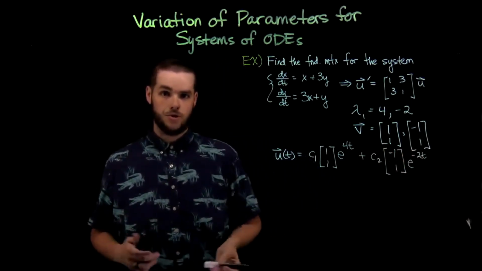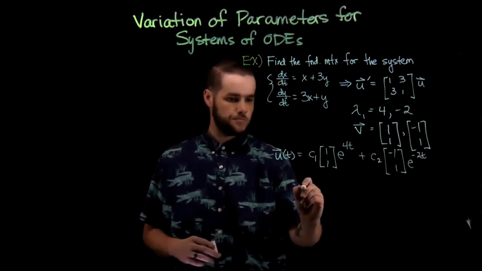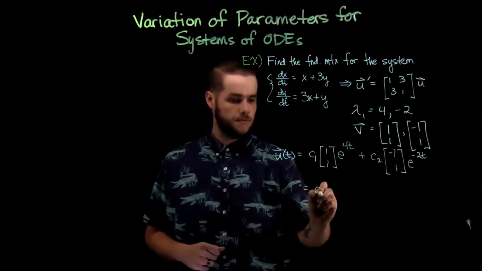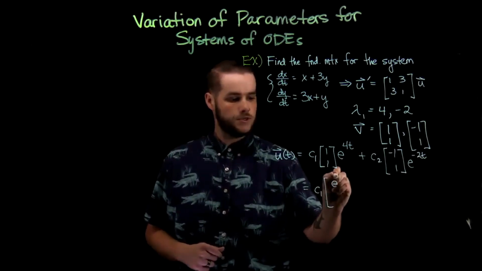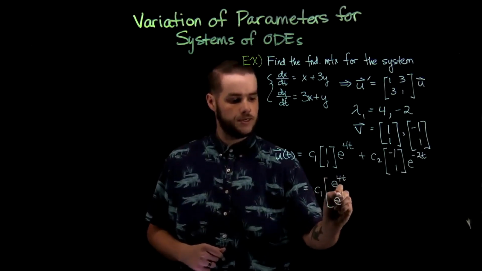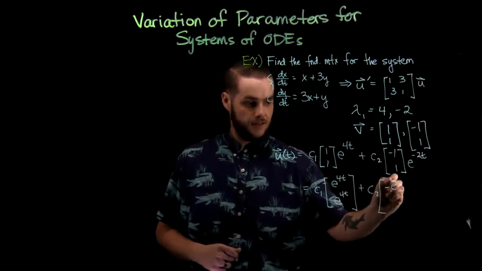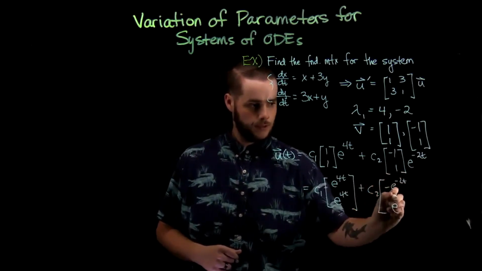But I could just rewrite this whole thing as a matrix. If I distribute my e^(4t)'s in, it is C1 (e^(4t), e^(4t)) plus C2 (-e^(-2t), e^(-2t)).